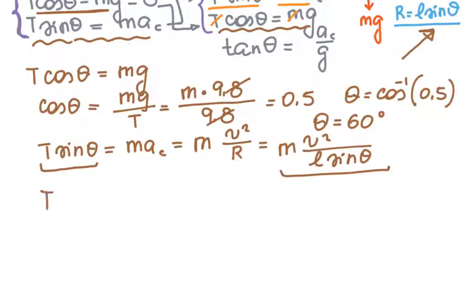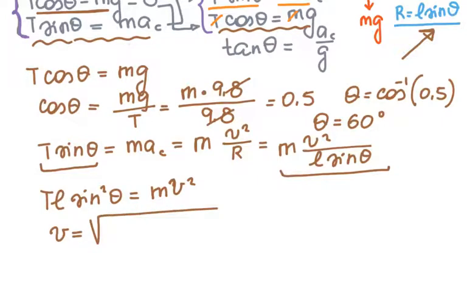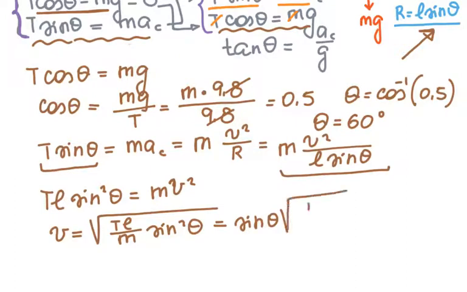So I have T times L, sine times sine gives me sine squared theta, and that equals mv squared. So if I'm looking for v, that's the maximum velocity you're looking for. It's the square root of TL sine squared theta over m. And you can take the square root of the sine squared theta, so that is giving you sine outside of the square root, and you have TL over the mass.